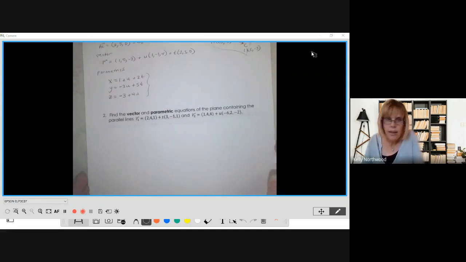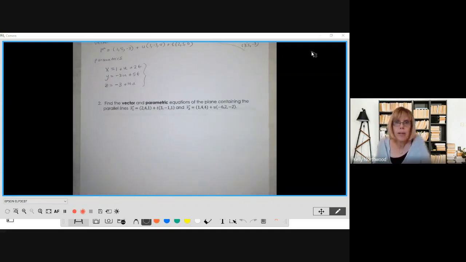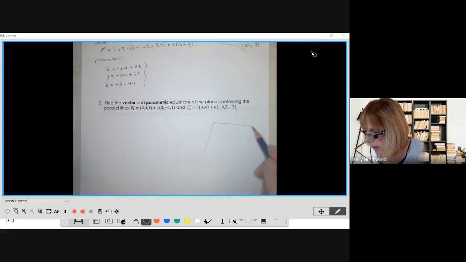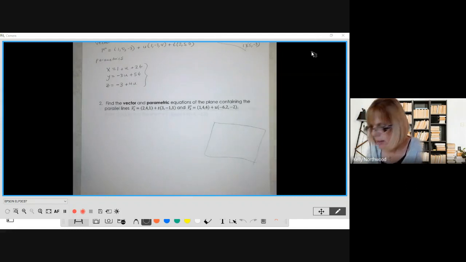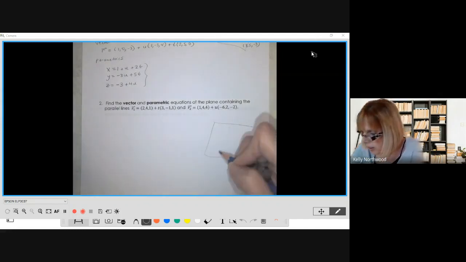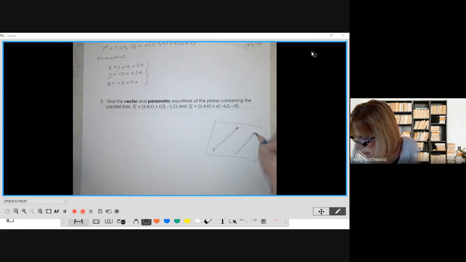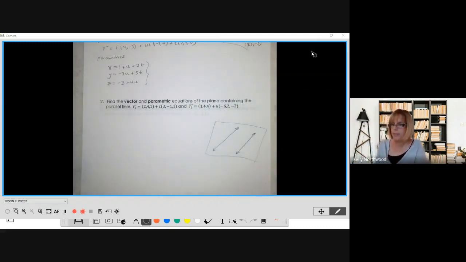Okay. Our second one, find vector and parametric equations of the plane containing the parallel lines. So I'm going to do a little picture again. So if I have parallel lines, it should mean they have the same direction vector.